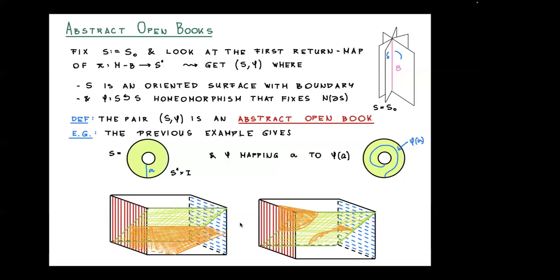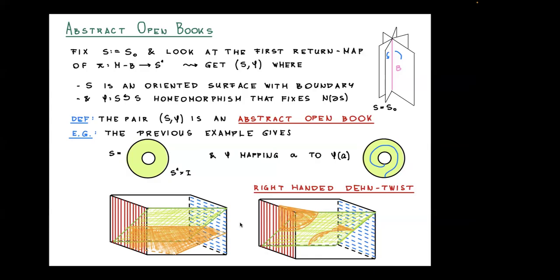So this is the return map, and you can read off that this is A, and this is the image of A, which is exactly like going once around. It's very important that it goes around towards the right-hand side. So this map is called a Dehn twist, as we will soon see later. A right-handed Dehn twist.